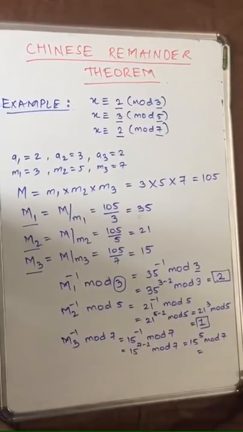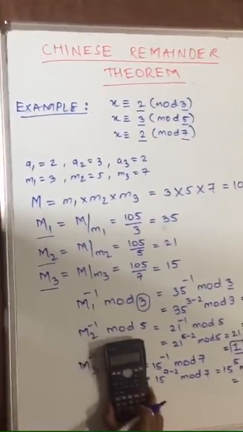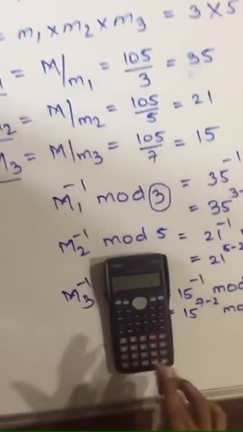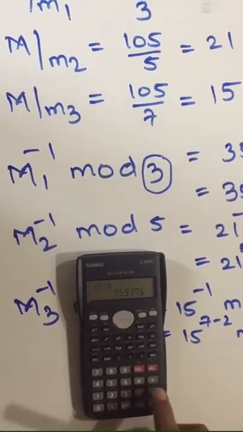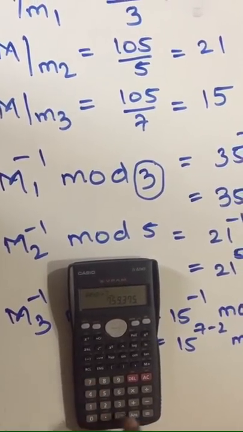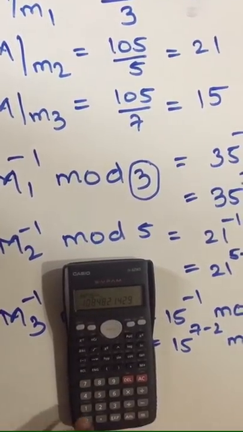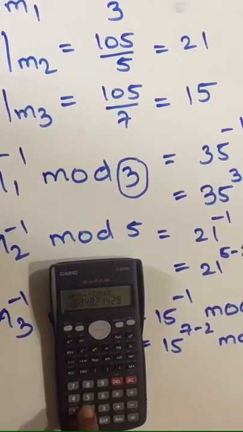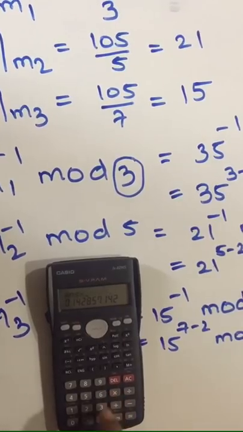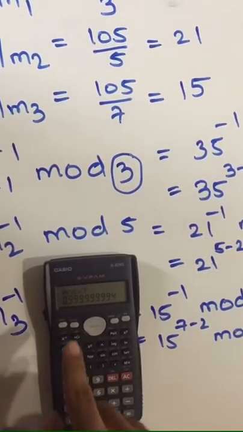So let's calculate it again: 15 raised to 5 divided by 7, minus 108482 into 7, which will be equal to 1.